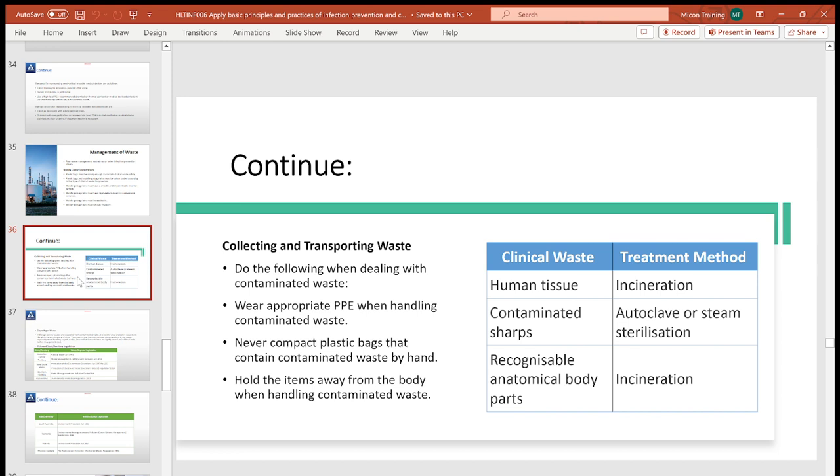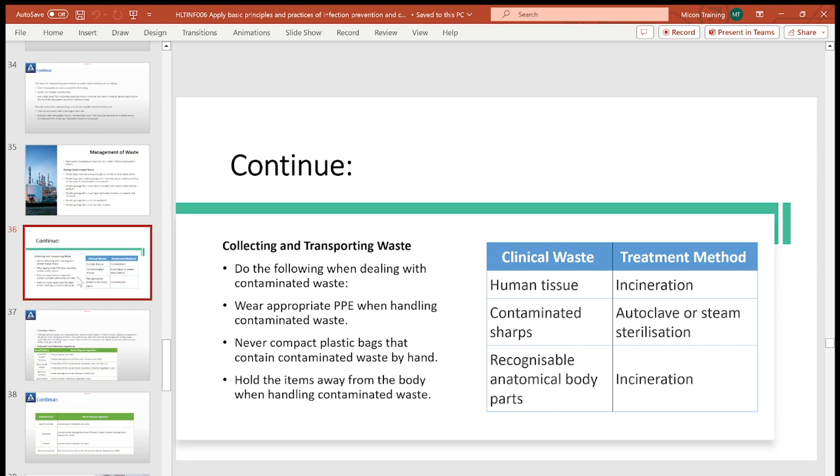Some of the waste that can be categorized as contaminated waste include clinical waste. The clinical waste can be human tissue. And how do we treat the human tissue? We treat this by incineration. Another contaminated waste can be contaminated sharps, or recognizable anatomical body parts.